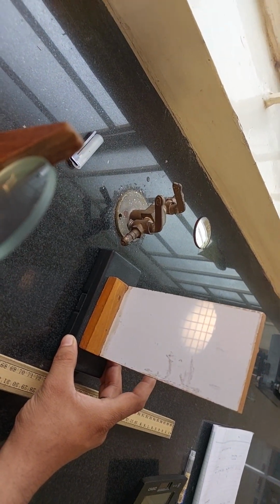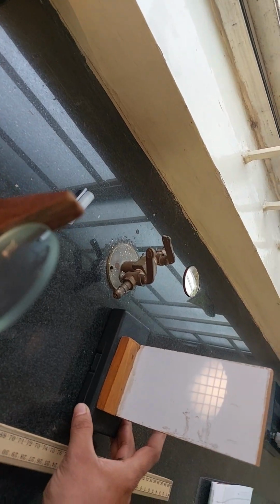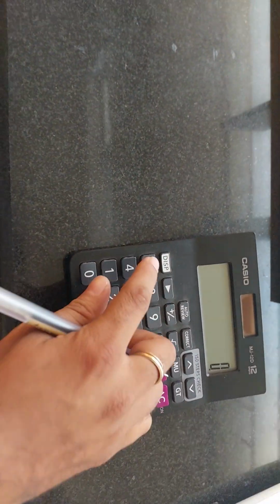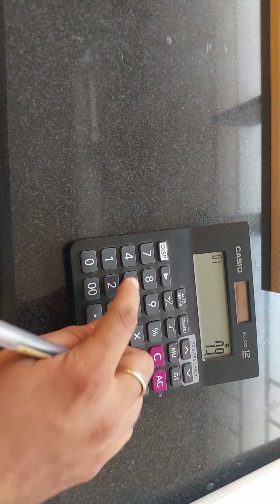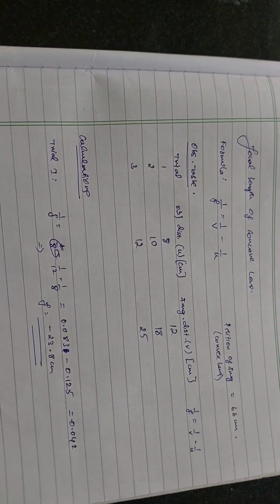This is around 79 centimeter. So the image distance is 79 minus 54, around 25 centimeter. So those are our readings.